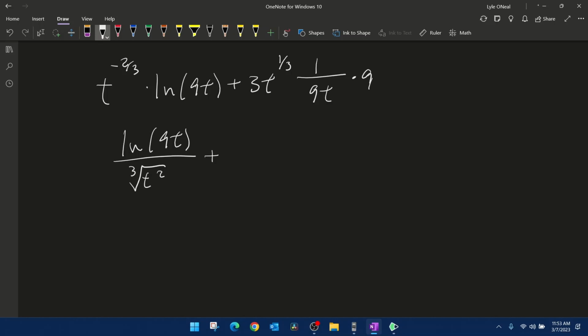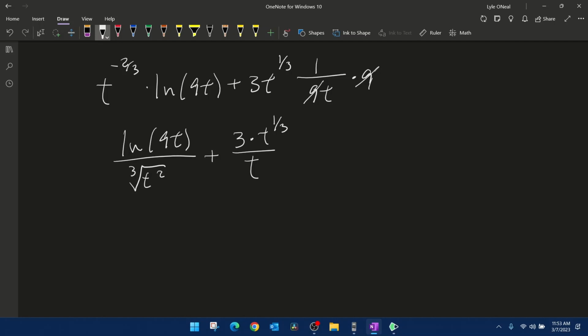And then on the other one, do y'all see that these 9s would cancel? Yes. And so that would leave me 3 cube root of t over t. And then since these are both t's, can I simplify that? Maybe I need to leave that as t to the 1/3 for a second.